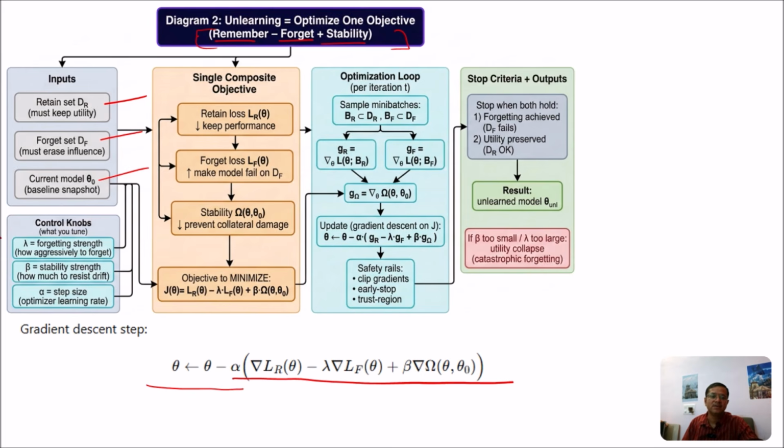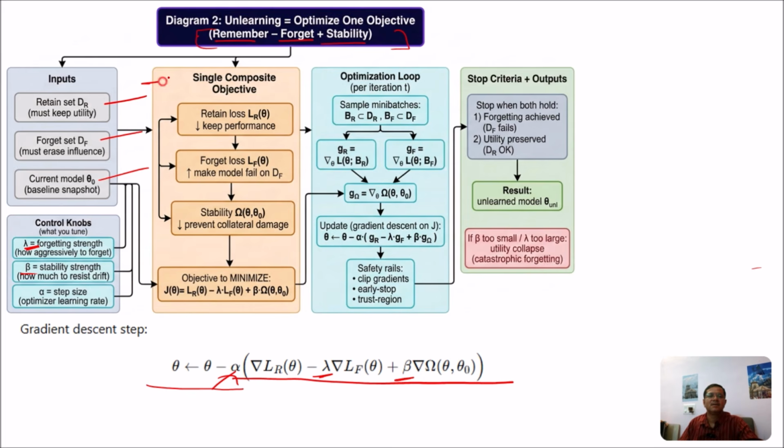What will be your knobs? This is your learning rate, this is beta, the stability strength, because you want to make your model stable, and this is lambda. Lambda is the forgetting strength, how fast you want your model to forget the data.